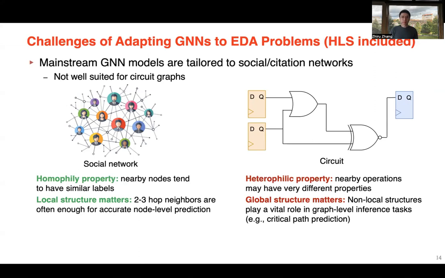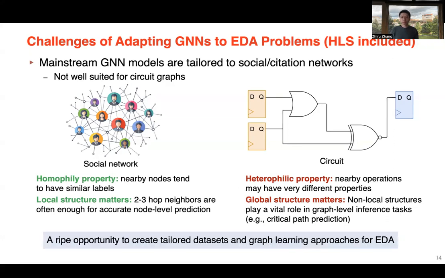Also, global structures matter a lot more here, since we often need non-local information to make a more accurate graph level prediction, such as predicting the critical path delay on a circuit graph. So this is where I really think there is a ripe opportunity to look at the datasets and rethink the graph learning models for EDA problems, including the HLS problem. This is also a topic that my research group is actively working on.